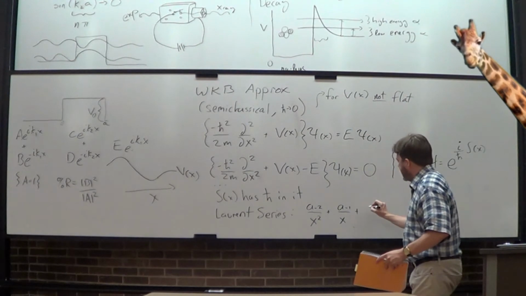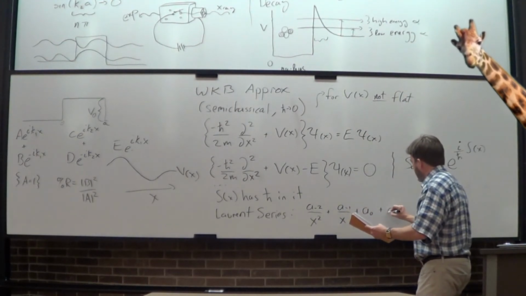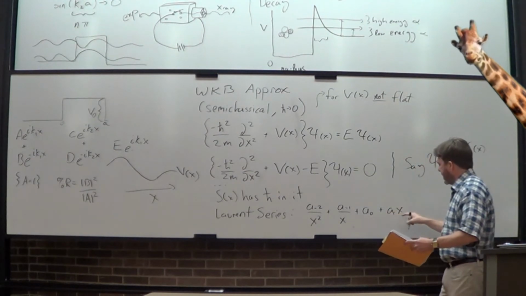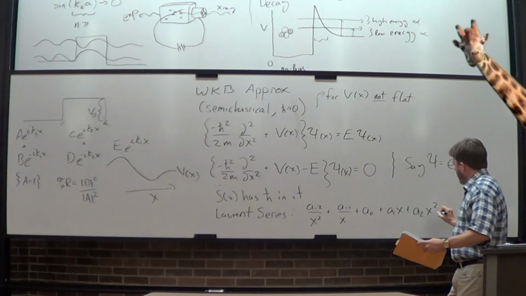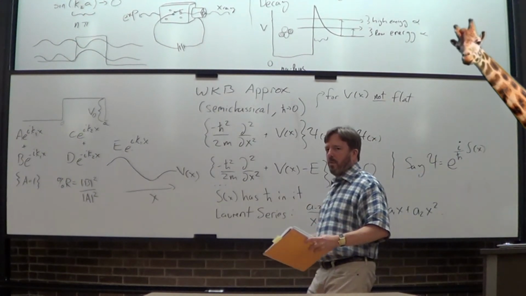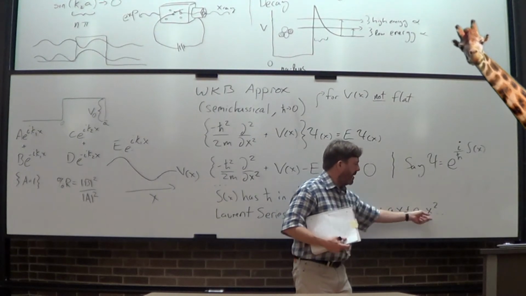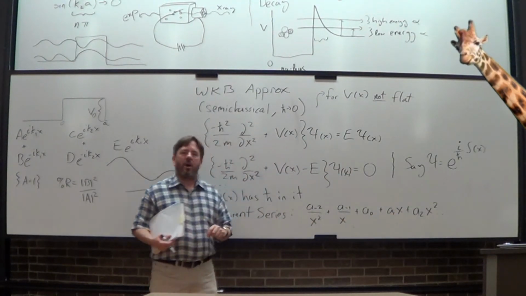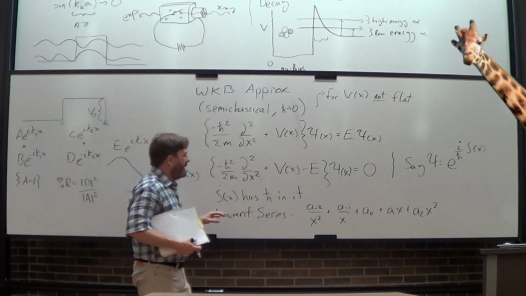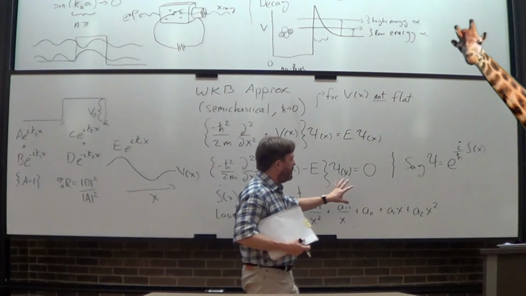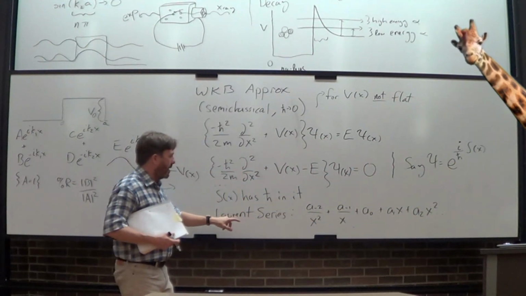If I start at x to the 0, it's starting to look like a Taylor series. What you don't expect is that you also go backward. Forward in x, x to the 0, x to the 1, x squared like a Taylor series, but you can also go backward, x to the -1, x to the -2. So you can expand anything as a series, and there are more series than you've ever heard.